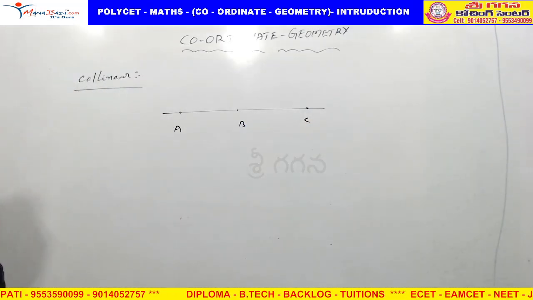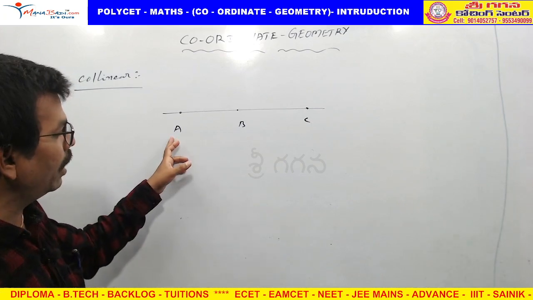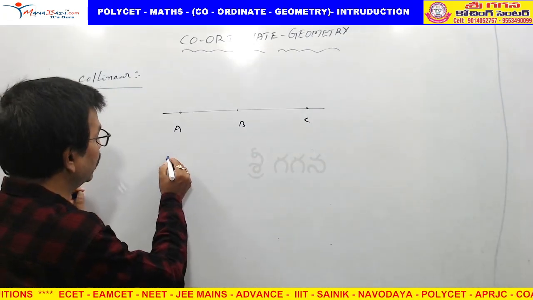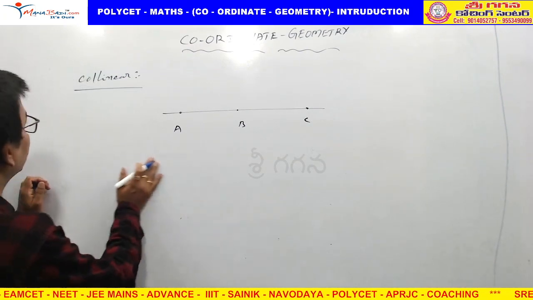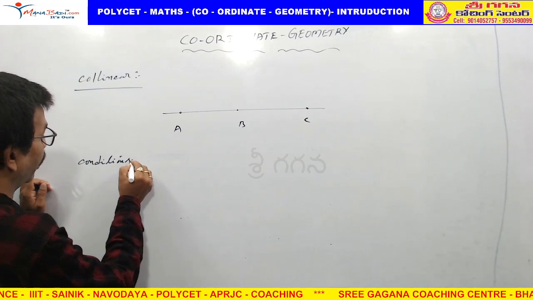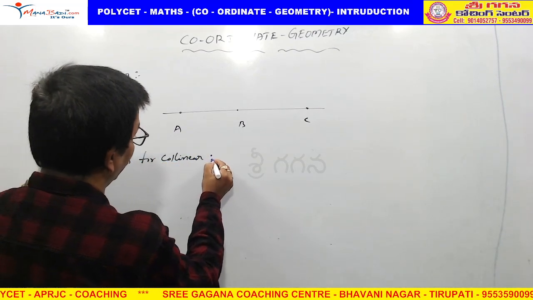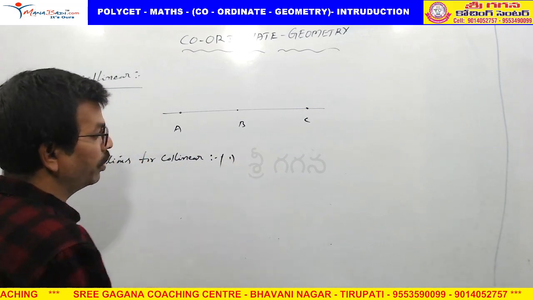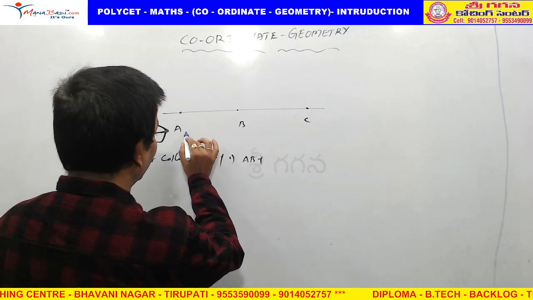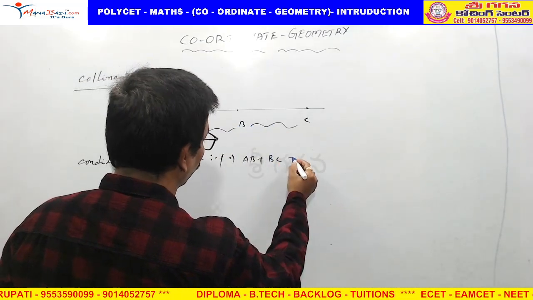So what is the condition? If you take the distances, AB plus BC equals AC. This is very important: the condition for collinear. Three conditions will come here. First, AB plus BC equals AC.